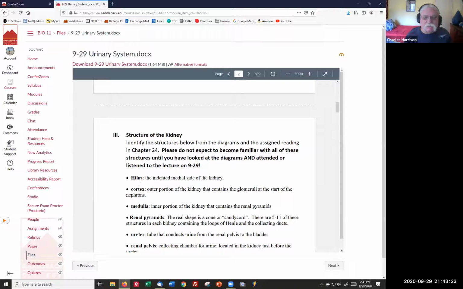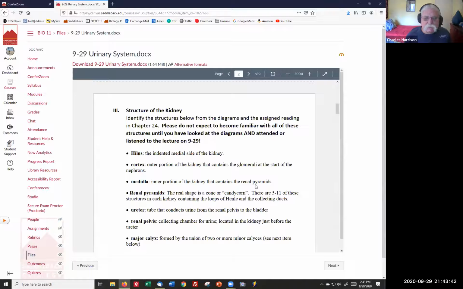The hilus is the indented portion. The outer portion of the kidney was the cortex. It contains glomeruli, which we haven't identified yet, but that'll be part of its definition. The medulla is the inner portion. It contains the renal pyramids. The renal pyramids, the candy corn shape, 5 to 11 of these structures in each person.